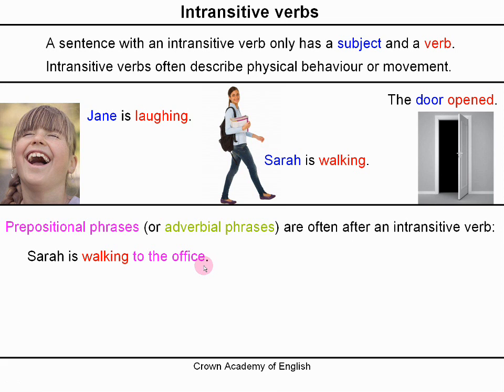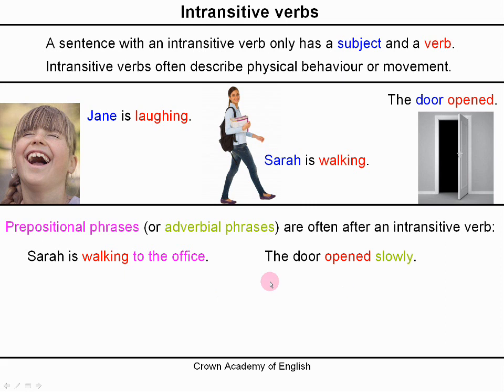Well, how do we know? Well, let us do our test question. Sarah is walking what? Well, there's no answer, is there? Sarah is walking whom? There's no answer. So since there is no answer, there is no direct object. To the office simply tells us where Sarah is walking, but that is not a direct object. Okay?